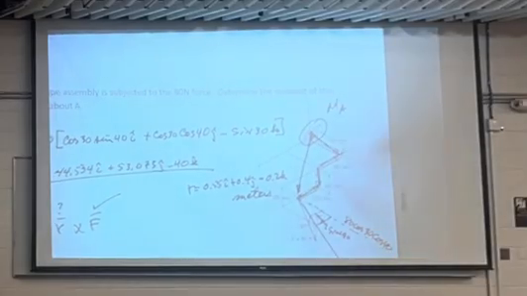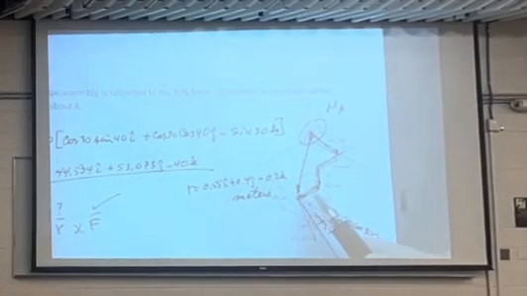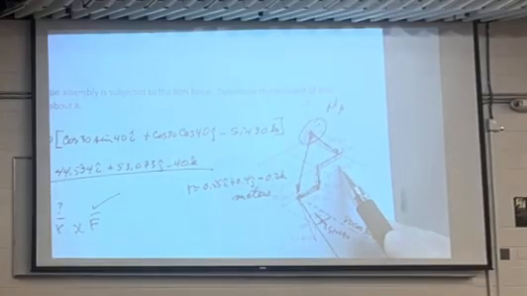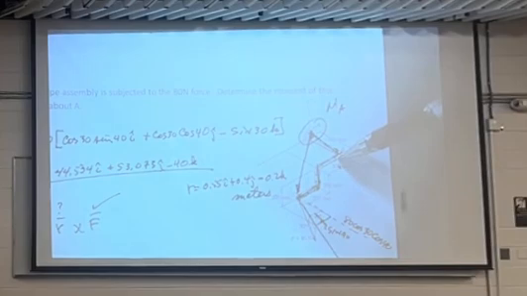So literally I went 400 in the y, I went 300 here, I went downward 200 and over 250. So 250 plus the 300 gives me the 550, which is 0.55. 400 is 0.4 in meters.